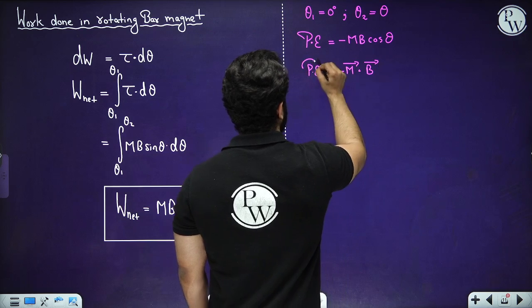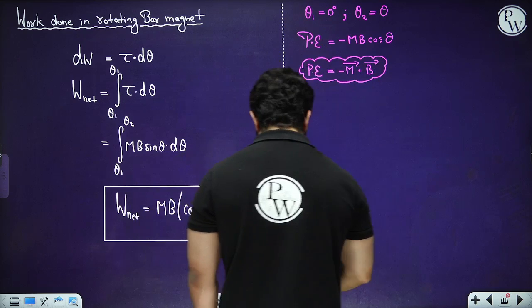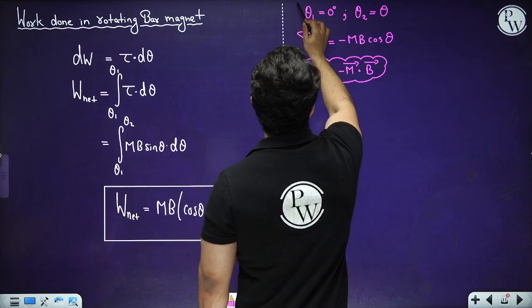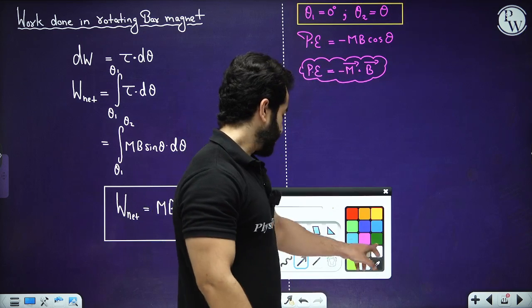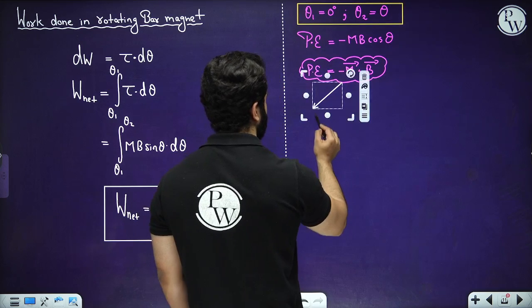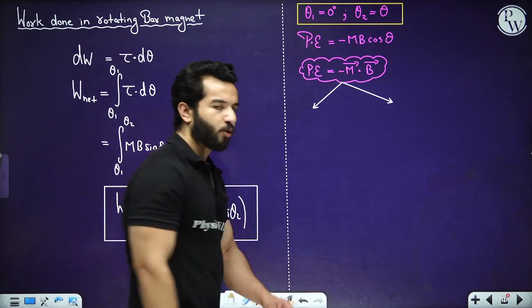Now again we'll talk about the same things we have discussed in electrostatics. There are going to be two cases. One is stable equilibrium.